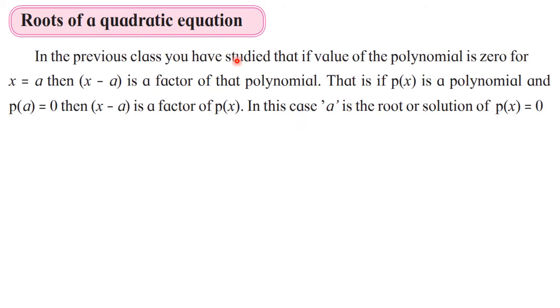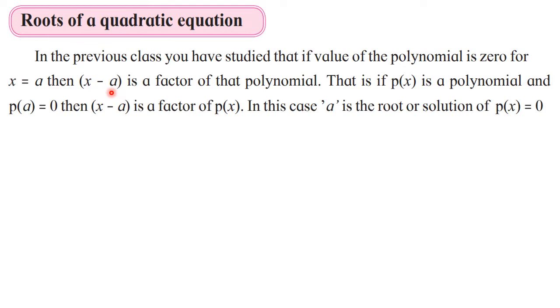What we studied in 9th standard is that if the value of the polynomial becomes 0 for x is equal to a, then x minus a is a factor of that polynomial. We have seen the factor theorem. When the value of the polynomial is 0 for plus a, while writing the factor you write minus a. Exactly opposite, if you can recall the factor theorem.